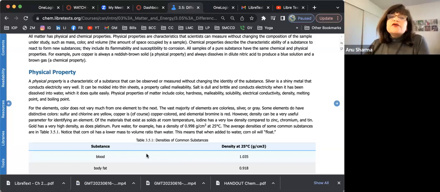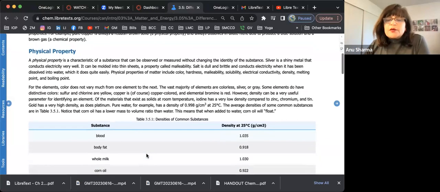All these are physical properties, but chemical properties are the behavior: whether they're going to react or not, and if they're going to react, how do they react? Do they explode? Do you need to provide heat to it? Is it going to liberate heat? Does it need a little catalyst for the reaction to start? All those are chemical properties.